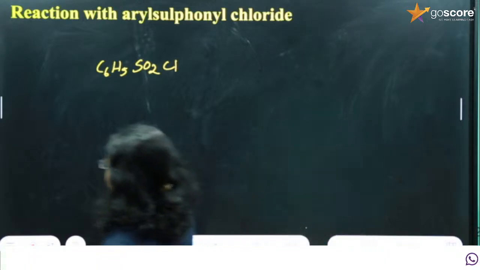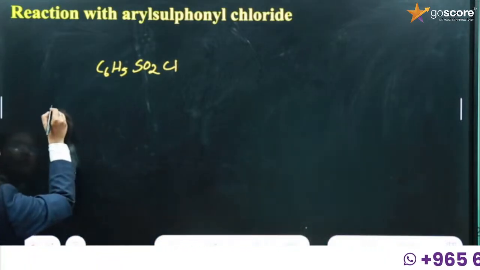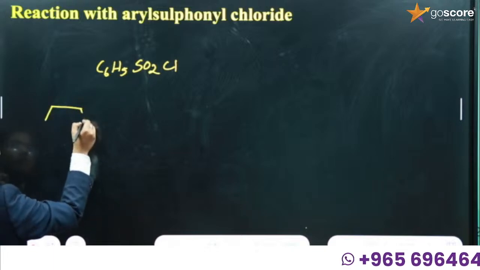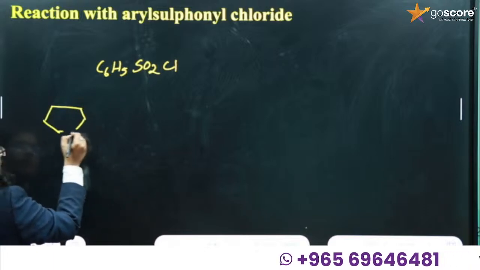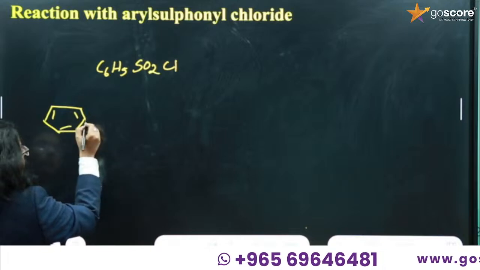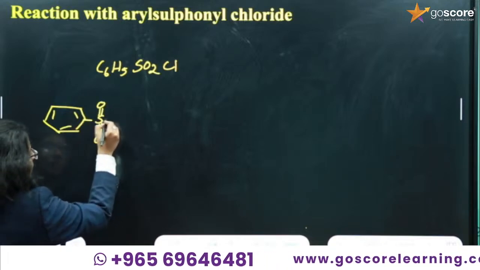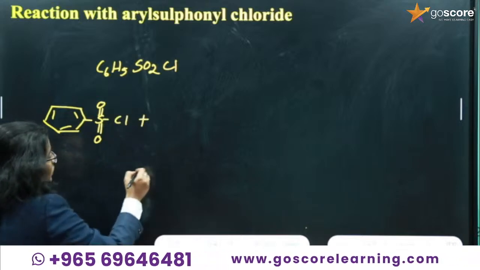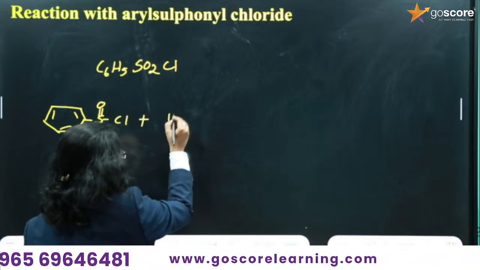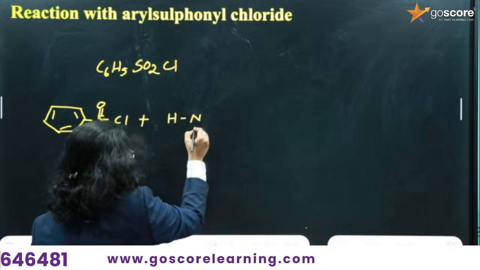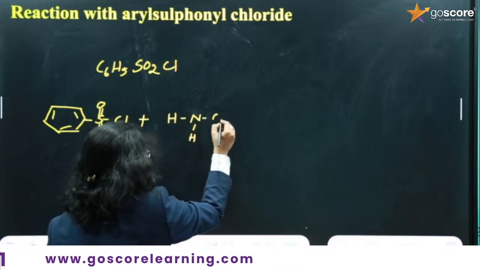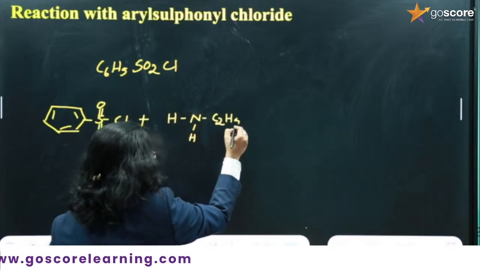This is benzene sulfonyl chloride. On reacting with primary amine, we are taking ethanamine, C2H5.